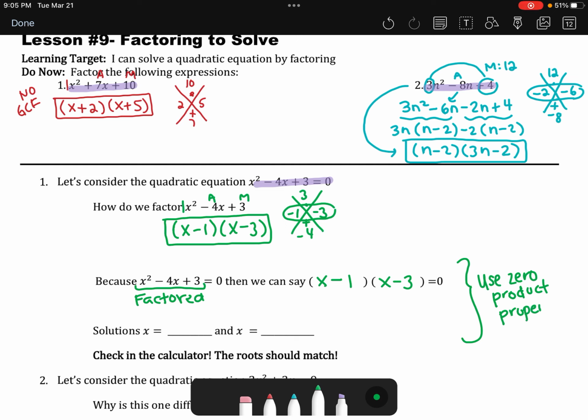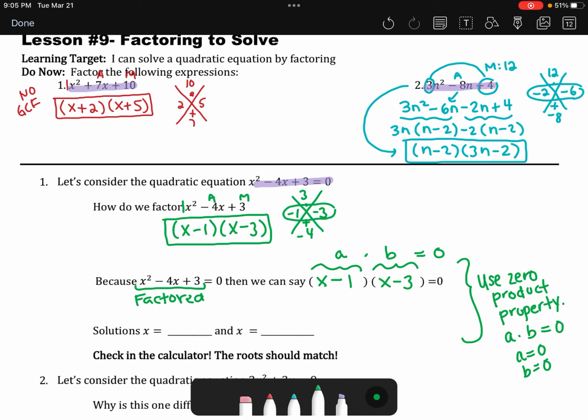And that basically says that if I have A times B, any number times anything else, and if that equals 0, then that means that A could equal 0, or B could equal 0, or both of them can equal 0. And that's kind of like what we have here. This is our A, and this is our B, and we're doing A times B equals 0.